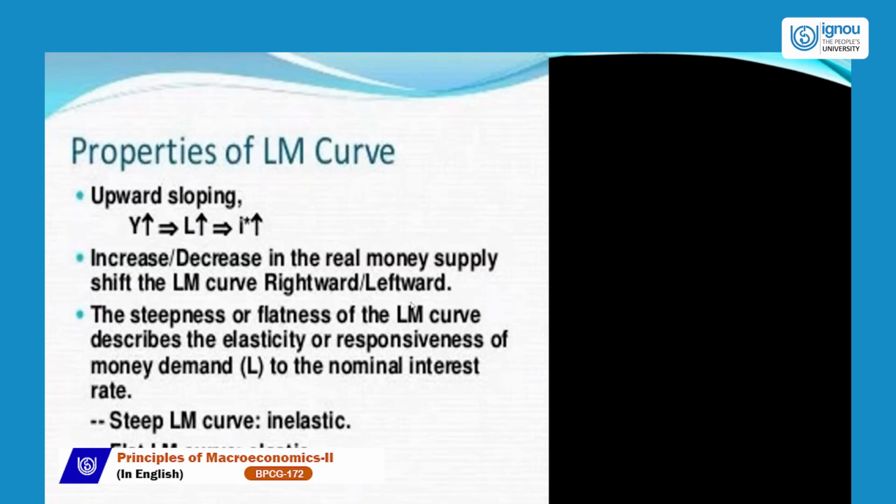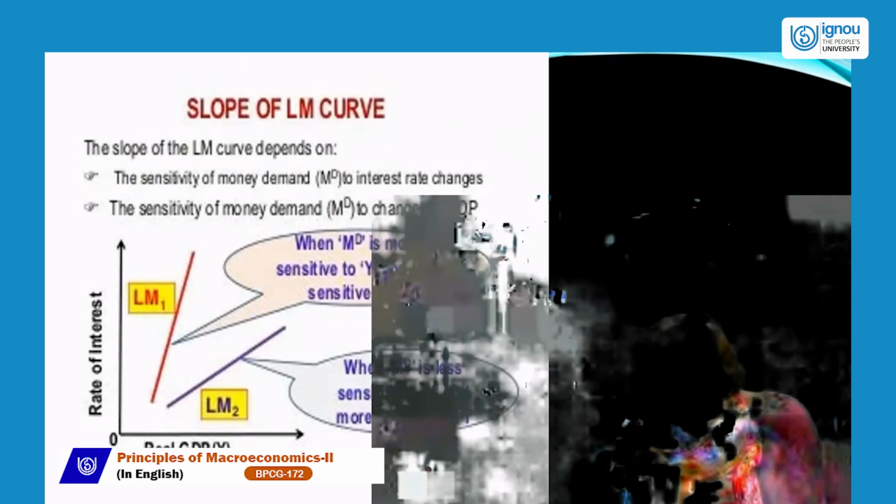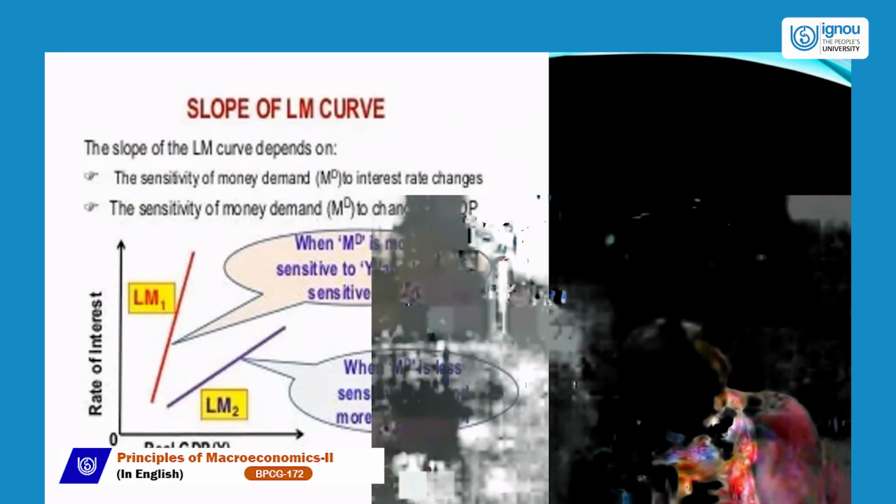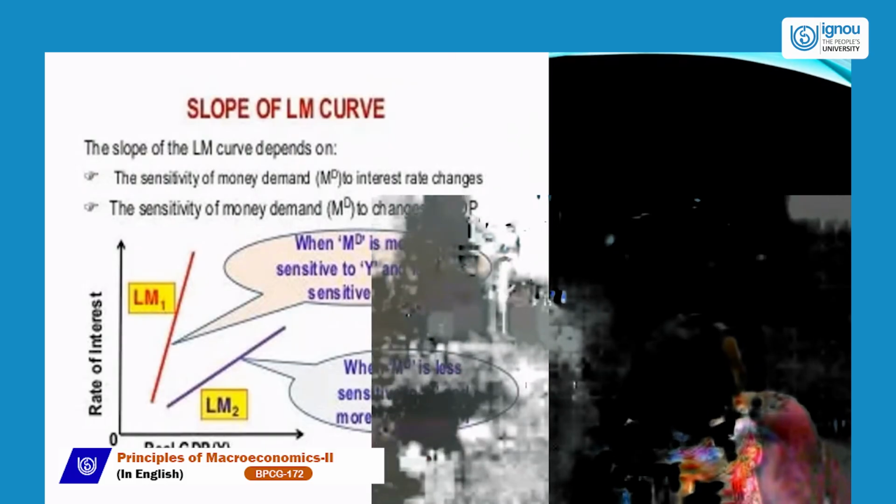And if money demand is more sensitive to the rate of interest or level of income, curve will be more flatter. And if money demand is less sensitive to the rate of interest or level of income, then curve will be more steeper. Now next is slope of LM curve. The slope of LM curve depends upon the sensitivity of money demand to the rate of interest and the sensitivity of money demand to the change in level of income or GDP.